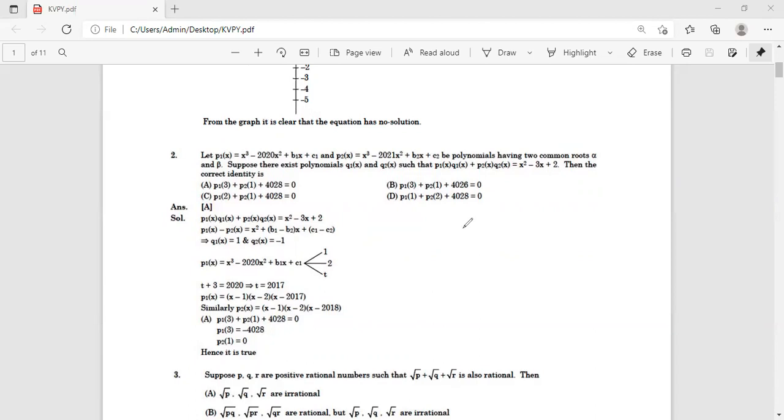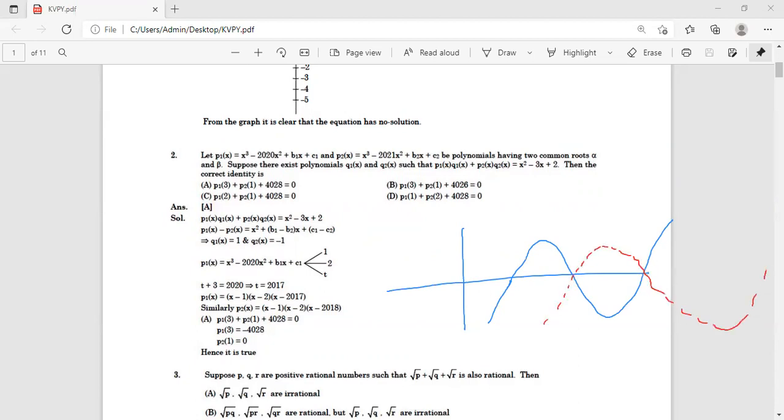So cubic graph, how is a cubic graph? A cubic graph is something like this. And there is one more cubic graph. These are just rough diagrams. So they have two common roots.